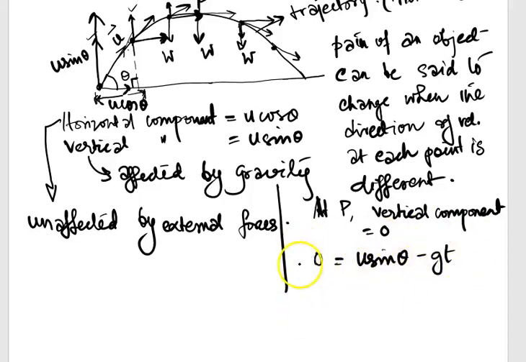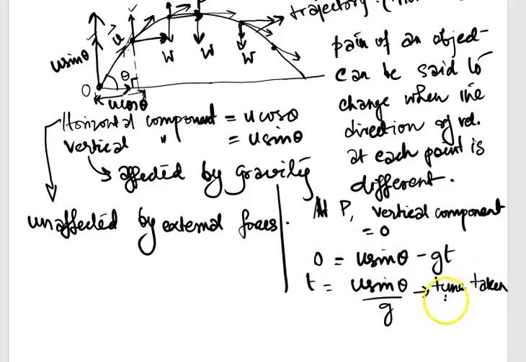This represents the equation of motion for the object moving from this point, say O, to P. So t equals u sine theta by g. This is the time taken to reach maximum height.